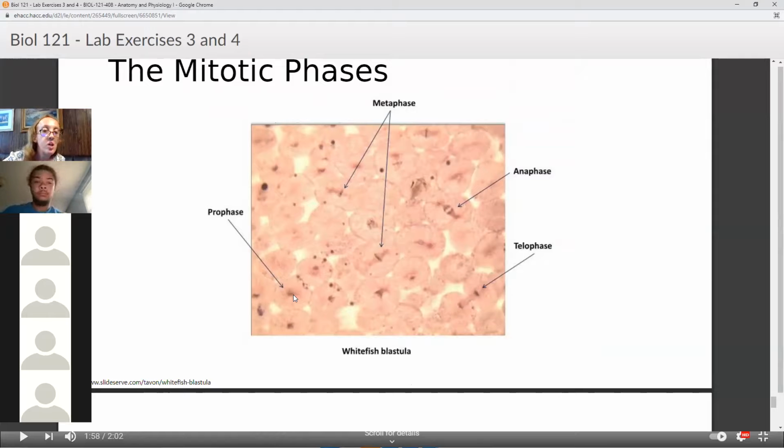Prophase, starting to condense. Metaphase, they're meeting in the middle there. They're lining up along that midline. Anaphase, you see them start to pull apart from the middle. Telophase, we're getting two separate cells being formed now. They're still kind of attached, but they're getting cut away, separated.